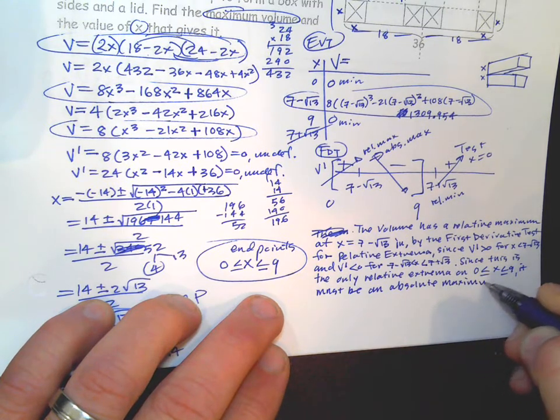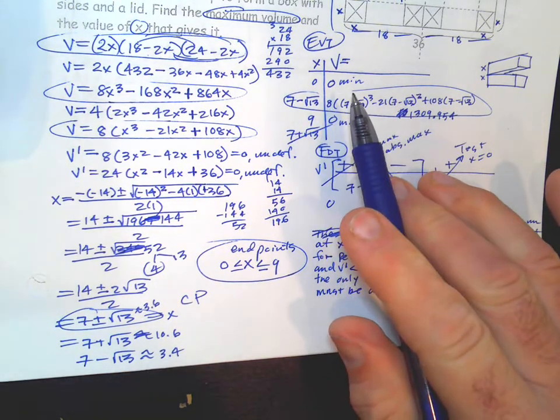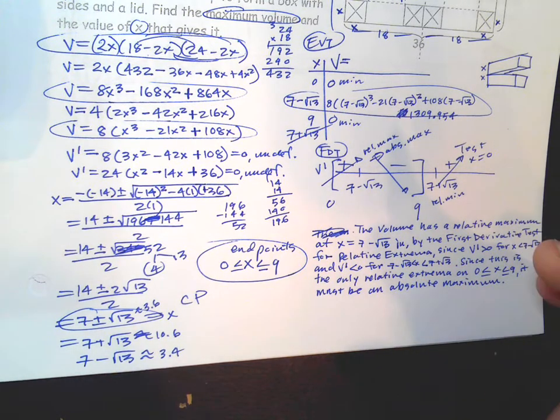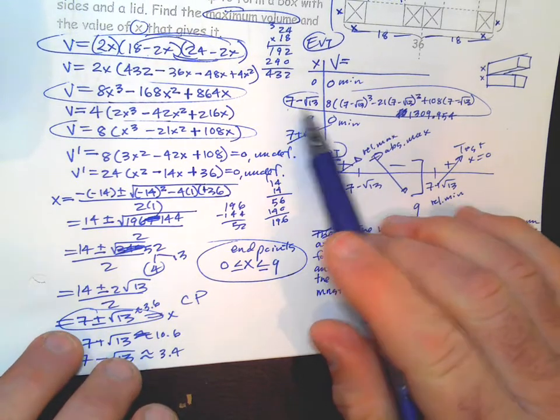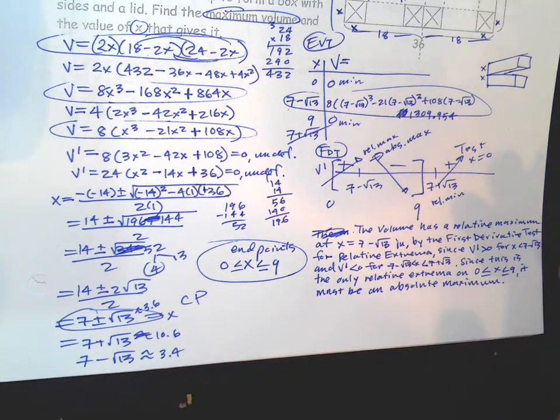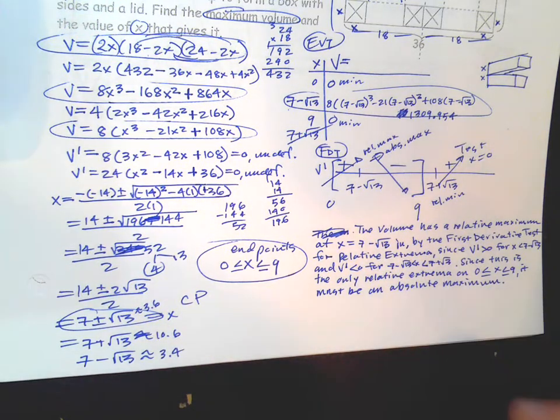I mean, this is what you got to do if you're not going to use EVT. You do EVT, you say the absolute max is 1309.954 inches cubed, by the way, when x equals 7 minus root 13 inches, by extreme value theorem, checking endpoints and critical points. That's a lot easier to defend, but without a calculator, that number was a little harder to really prove.